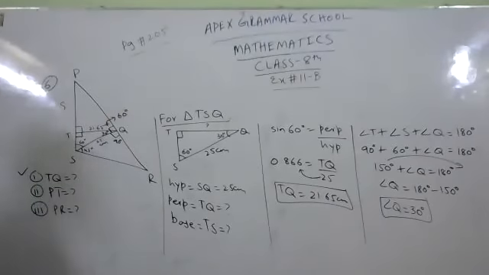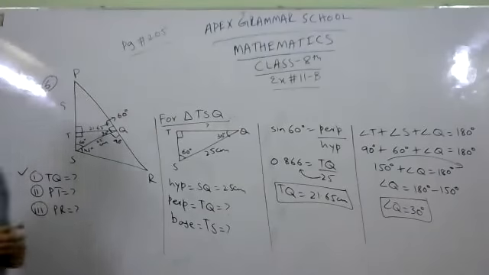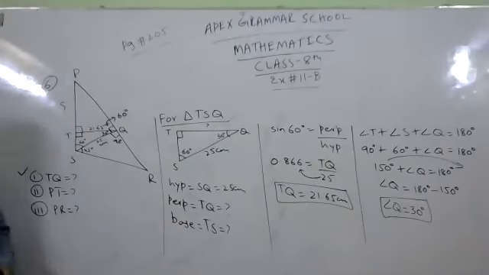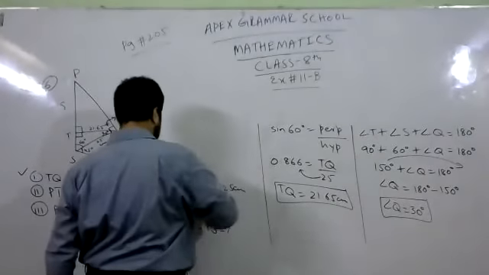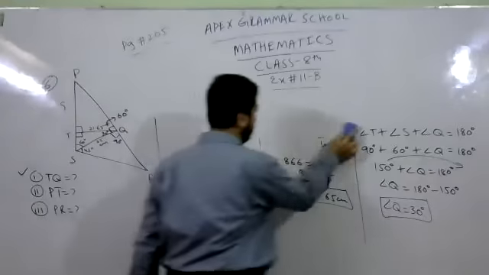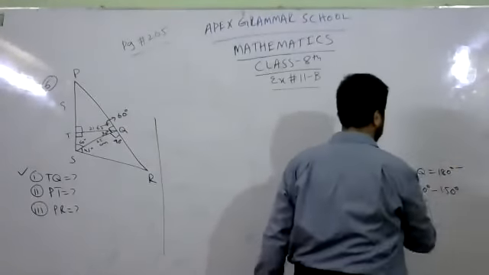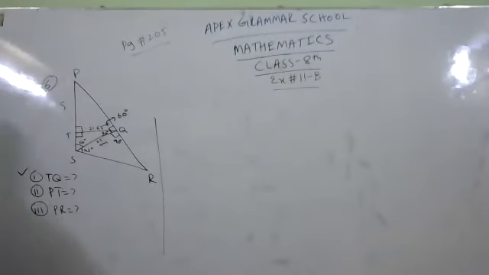So now we are left with only this angle, so we can easily solve it. Now we will solve this triangle. To find the value of this side PT, we require this triangle PTQ.